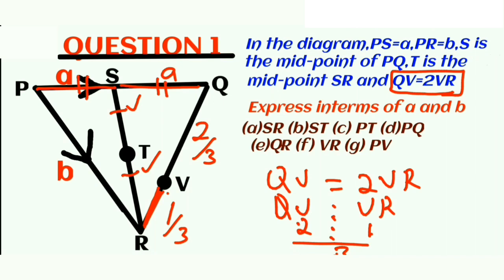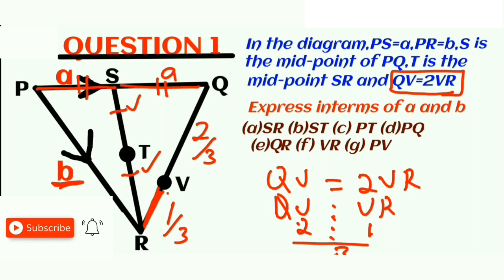Then the other thing we need to understand is about the directions. For example, PR equals B. But if you are asked to find RP, it equals minus B. Why?